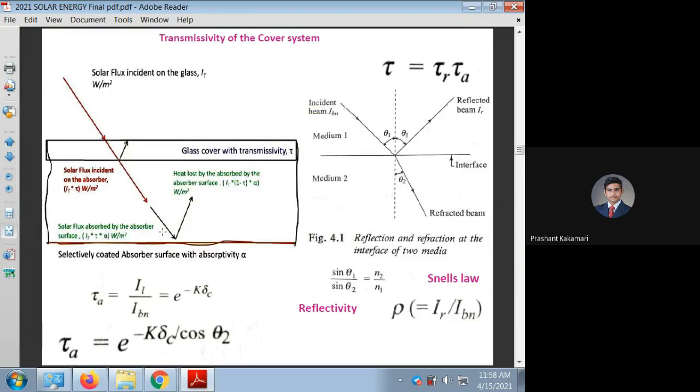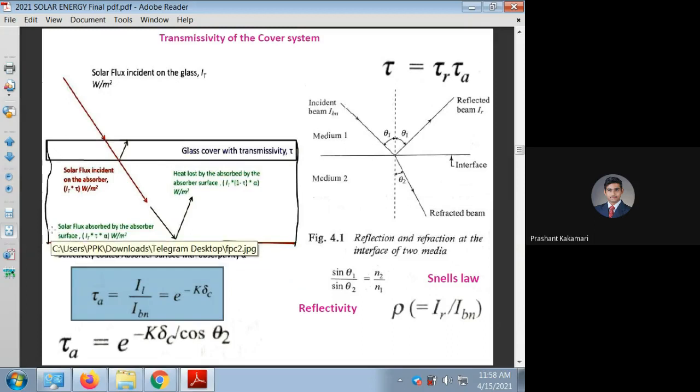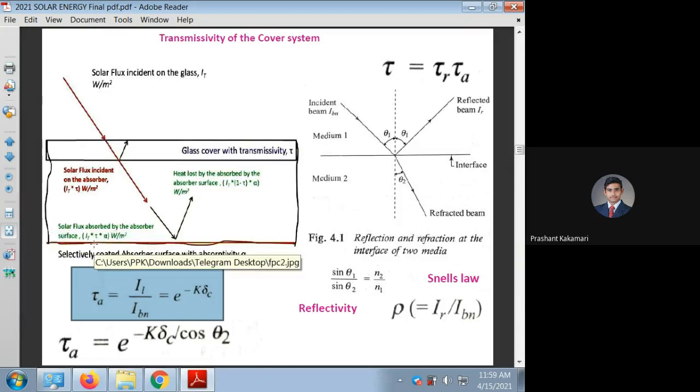Similarly, if I consider the radiation falling on the absorber plate, the solar flux absorbed by the absorber plate can be found by multiplying the total incident radiation into the transmissivity of the glass cover into the absorptivity. So this radiation is falling on the absorber plate. I hope this point is clear.